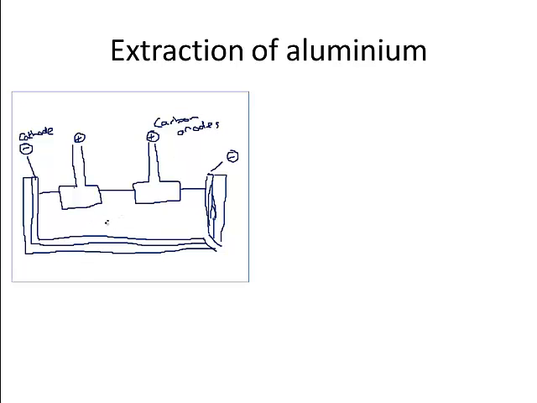And then we have our raw material, which is aluminium oxide, and it's dissolved in molten cryolite. Which lowers the melting point. Which means that less energy is used in this electrolysis.